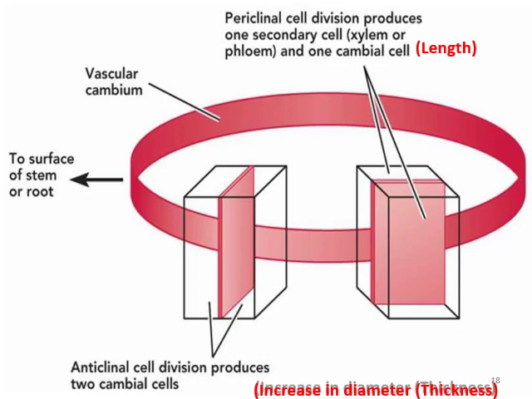As you know, both the fusiform initial and ray initial are the meristematic cells of vascular cambium. So when these two cells divide periclinally or anticlinally, they increase the length as well as the diameter of the vascular cambium.